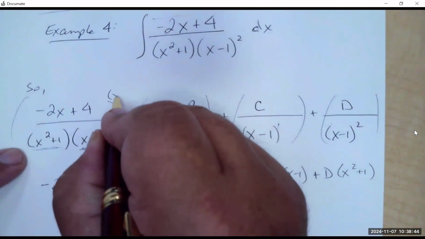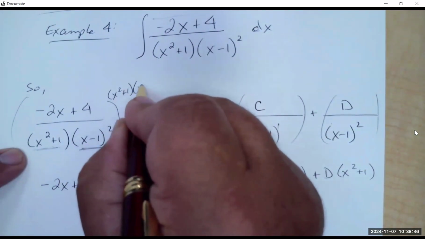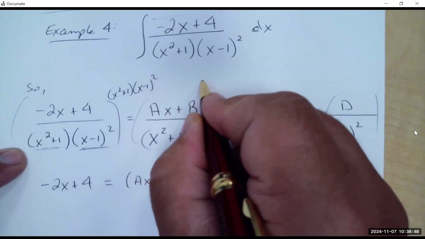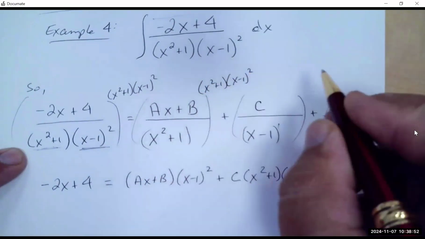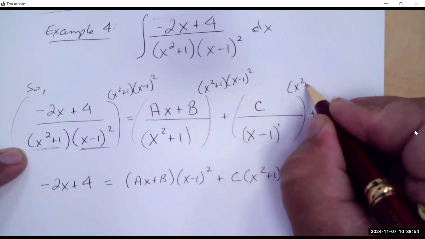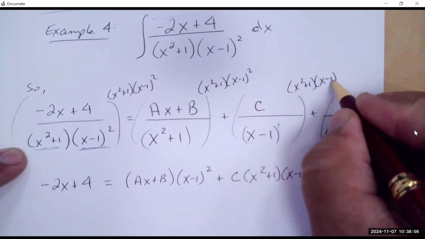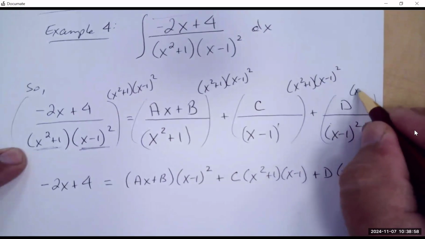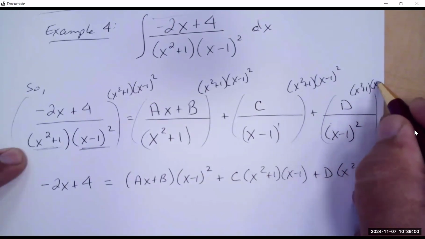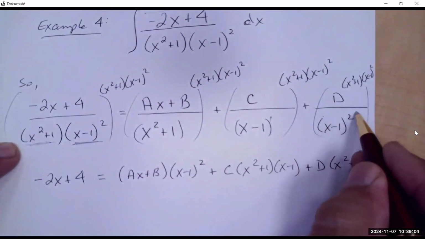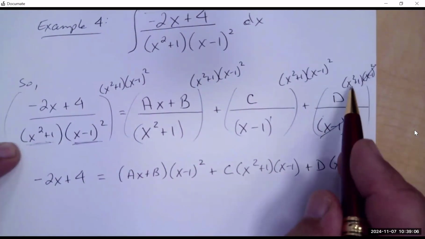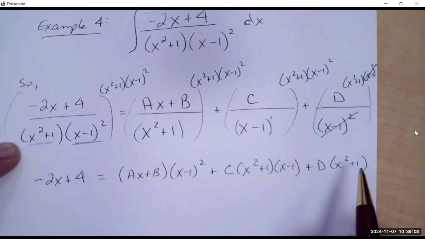The LCD is x squared plus 1, x minus 1 squared. The x minus 1 squareds cancel, leaving us with x plus 1 on the D part.